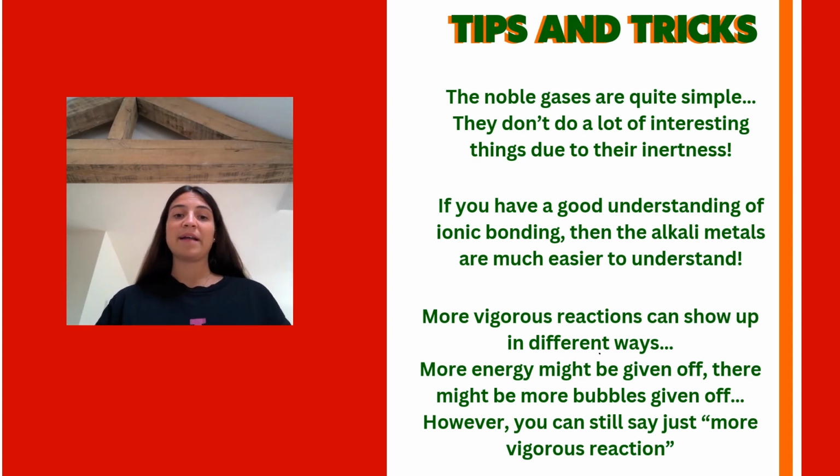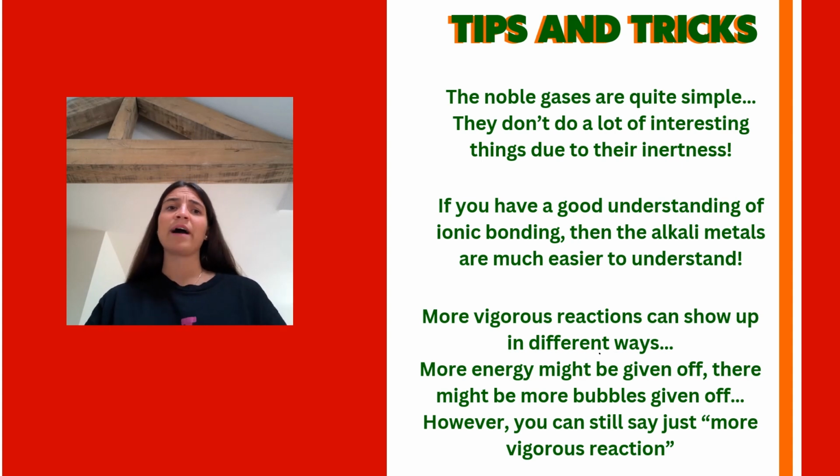Next, for my alkali metals, if you have a good understanding of ionic bonding, then these alkali metals are much easier to understand. And that's how I was able to write that equation without looking at the notes on that previous slide. More vigorous reactions can be shown off in different ways.